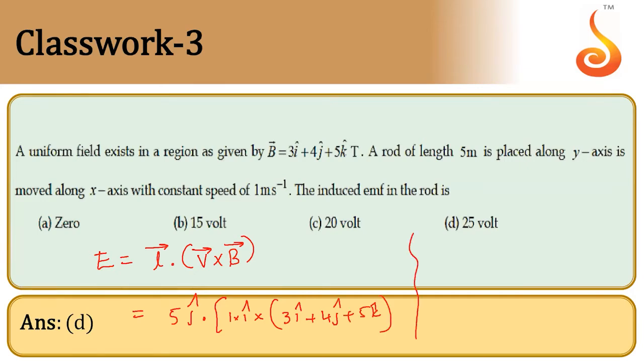So i cross i is 0, i cross j is k, that is 4k cap, and i cross k is minus j cap, so minus 5j cap. Now take the dot product: minus 25 volt. They're asking only magnitude. Magnitude is 25 volt.